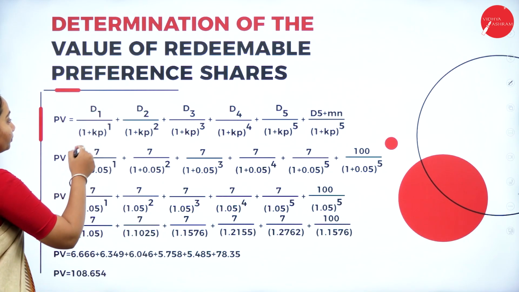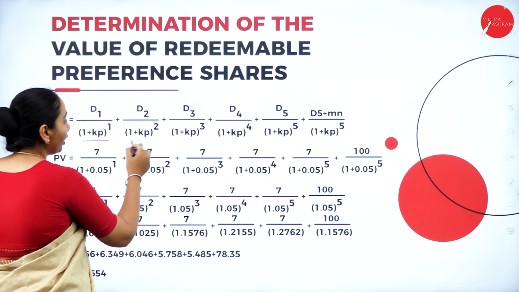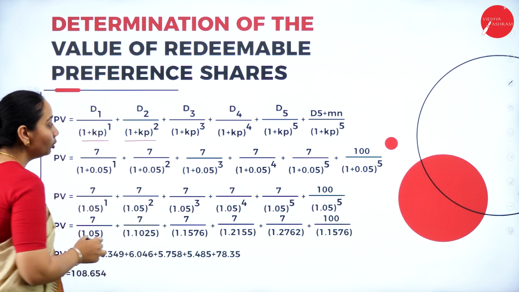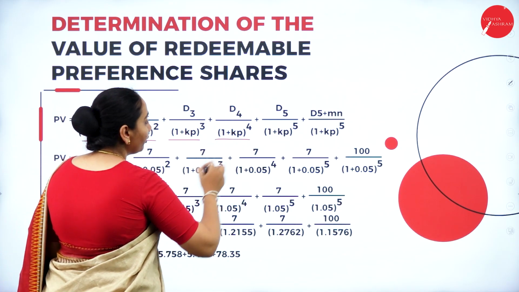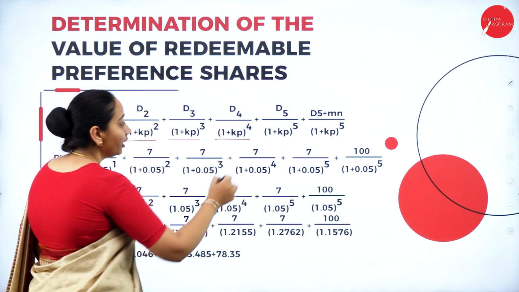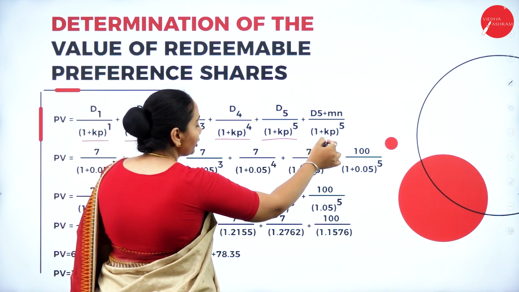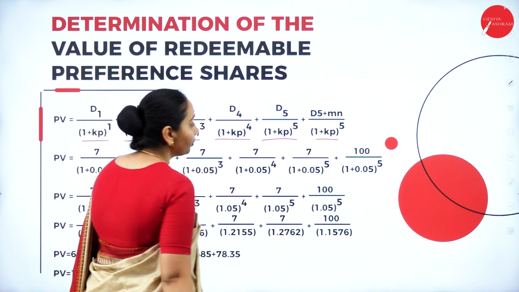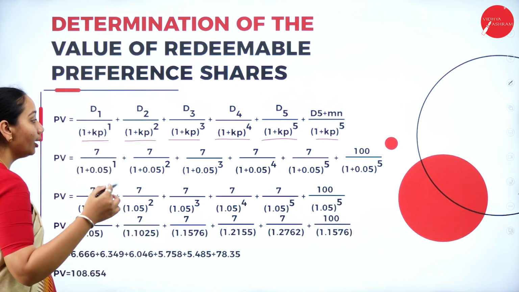So the formula: D1 divided by (1 plus Kp) to the power of 1, D2 divided by (1 plus Kp) to the power of 2, D3 divided by (1 plus Kp) to the power of 3, D4 divided by (1 plus Kp) to the power of 4, D5 divided by (1 plus Kp) to the power of 5, and the maturity value divided by (1 plus Kp) to the power of 5. That is the maturity value of the preference shares.